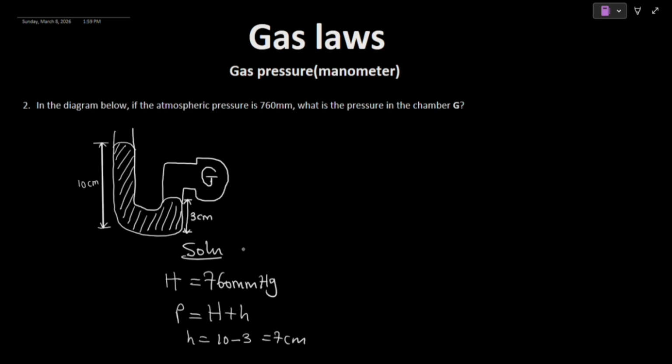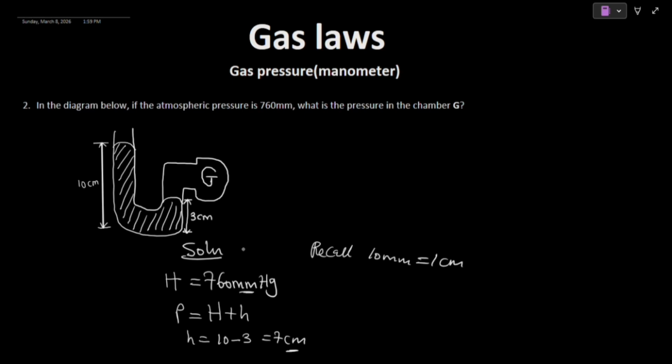Now comparing the units, small h is in cm, and uppercase H is in millimeter. So we have to convert this to cm, or you convert this to millimeter. Converting this to cm, recall that 10 millimeter is equal to 1 centimeter.